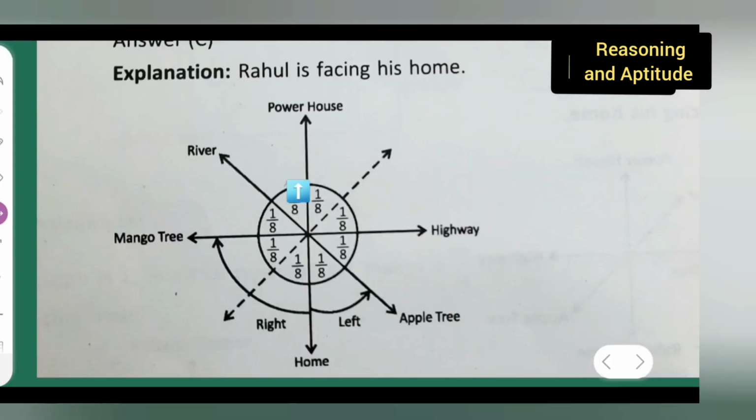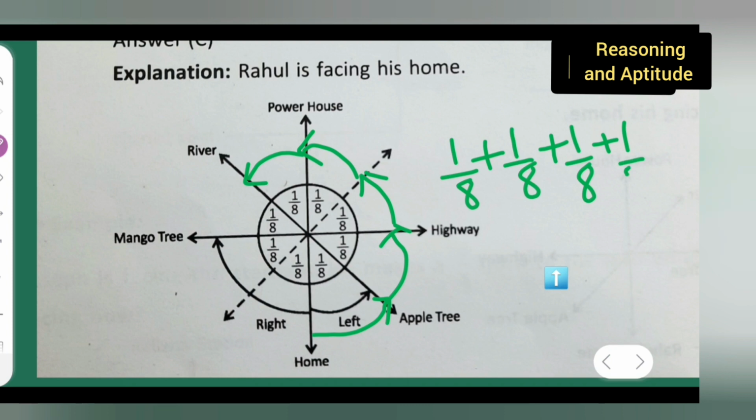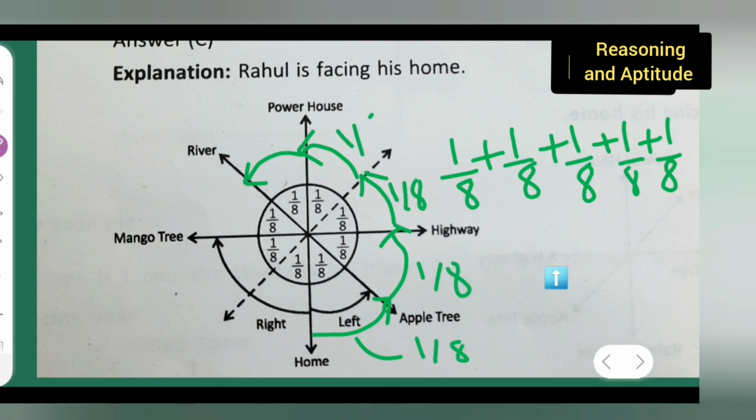Over here, if Rahul makes a 5/8 turn towards his left, towards his left will be here, right? From here to here, 1, 2, 3, 4 and 5. So it is obviously the river, because it is 5/8, right? 1/8 plus 1/8 plus 1/8 plus 1/8 plus 1/8, you are all getting 5 times.